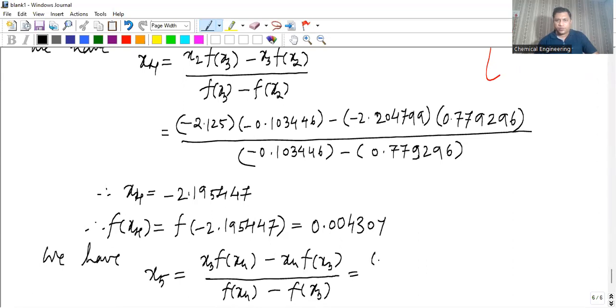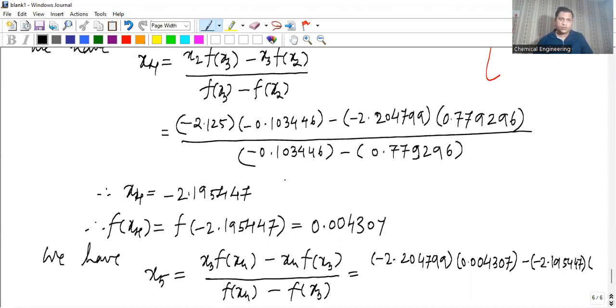So it is minus 2.204799. Then f of x4 is 0.004307. Minus x4, so it is minus 2.195447 into f of x3.